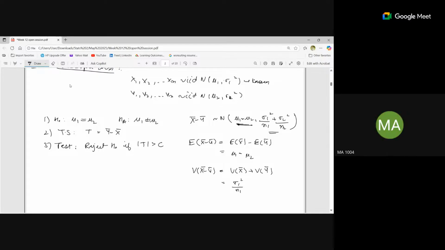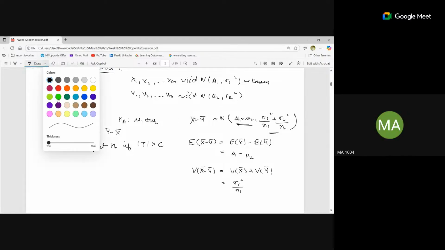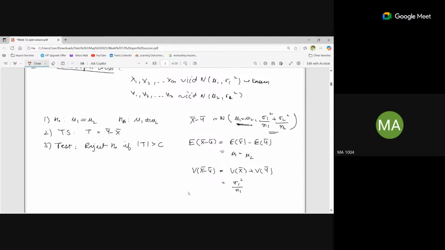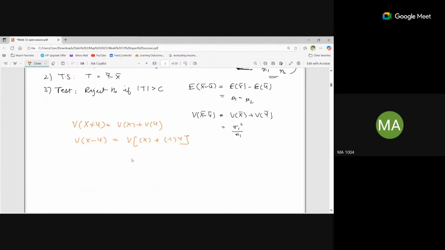Do you remember this thing: the variance of x plus y is what? If they are independent, it will be the variance of x plus the variance of y. Correct? Now, if it's the variance of x minus y, I can write this as the variance of x plus minus 1 times y.